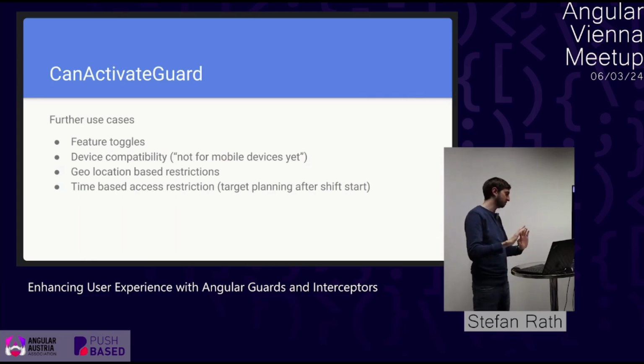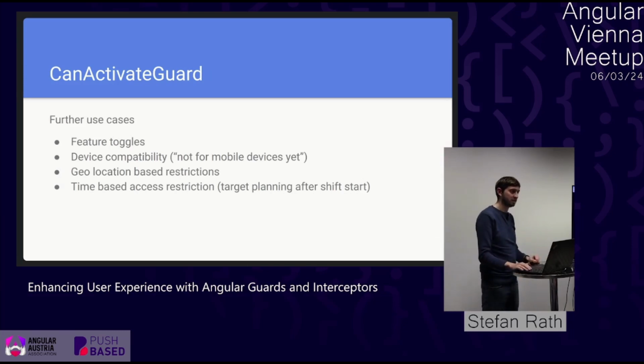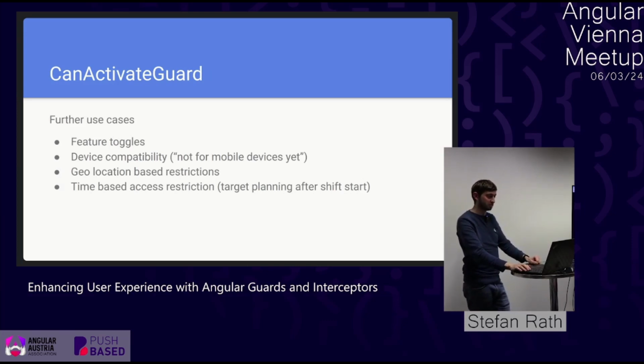They are not allowed to do it, because why do you have targets when you change them afterwards? So yeah, you could use a guard so that the user is not even able to see the page. Mostly it's a backend thing to restrict it, but for better UX, you should not even let the user in.